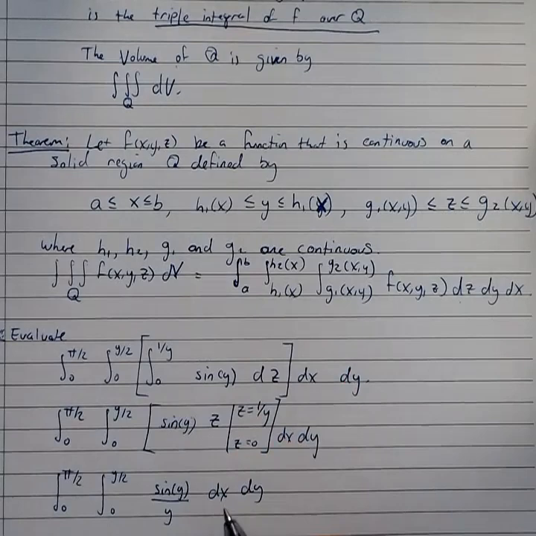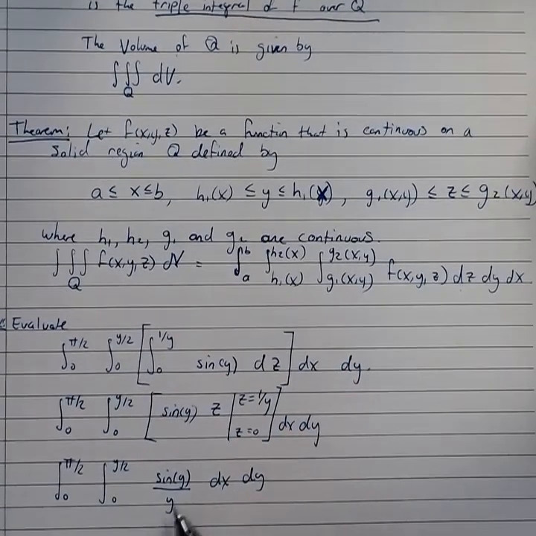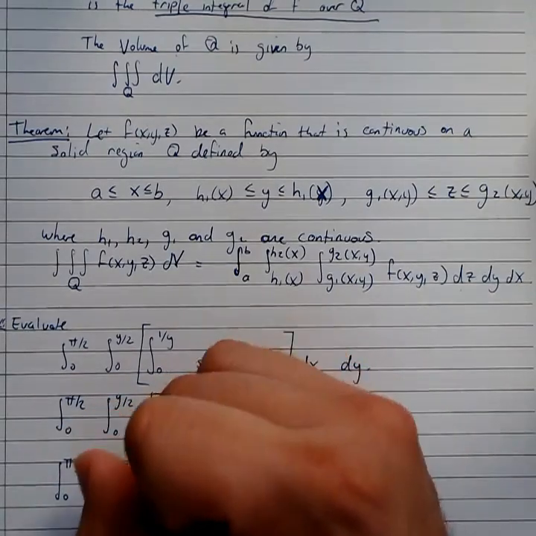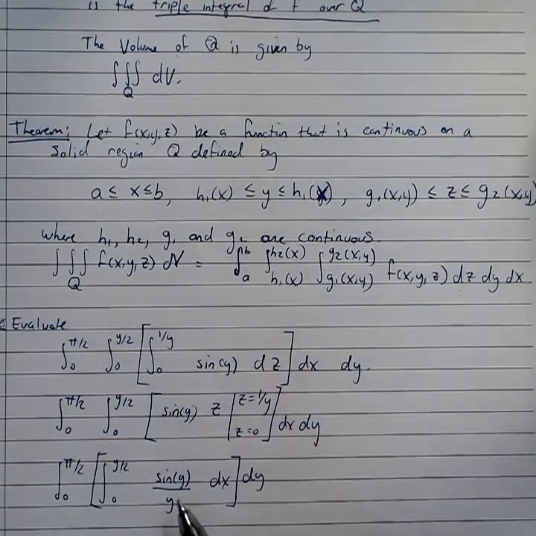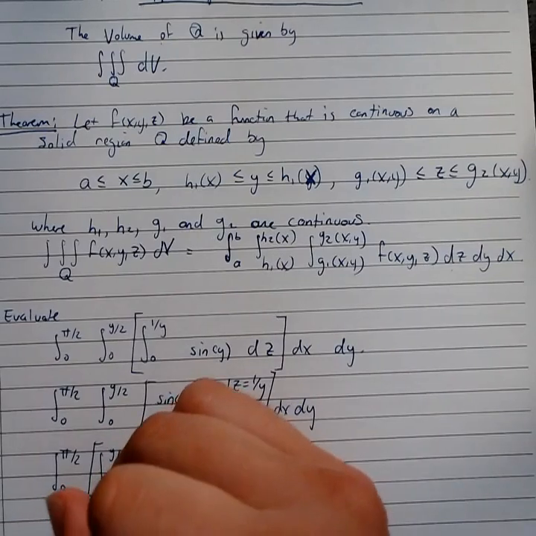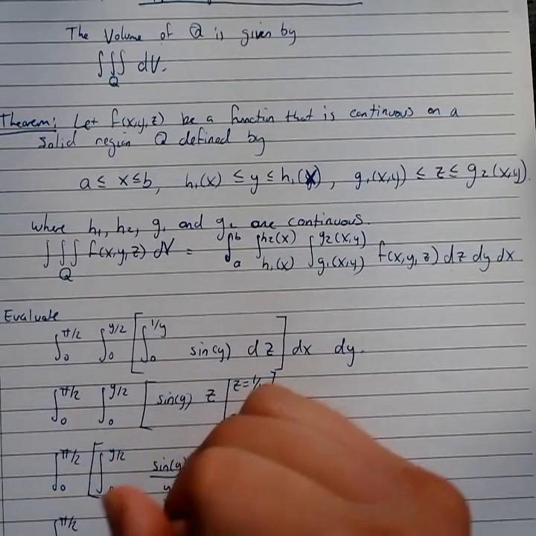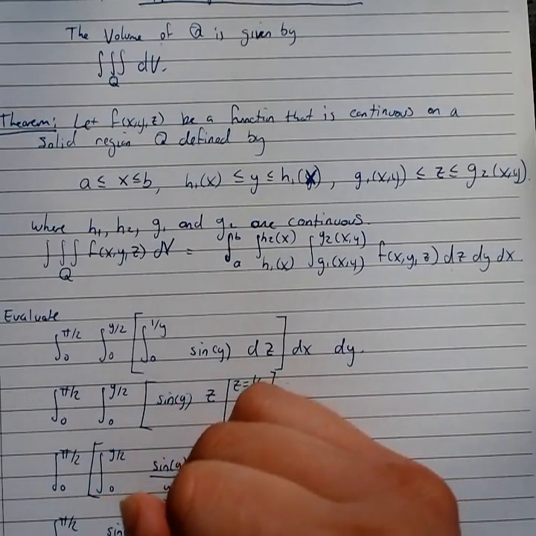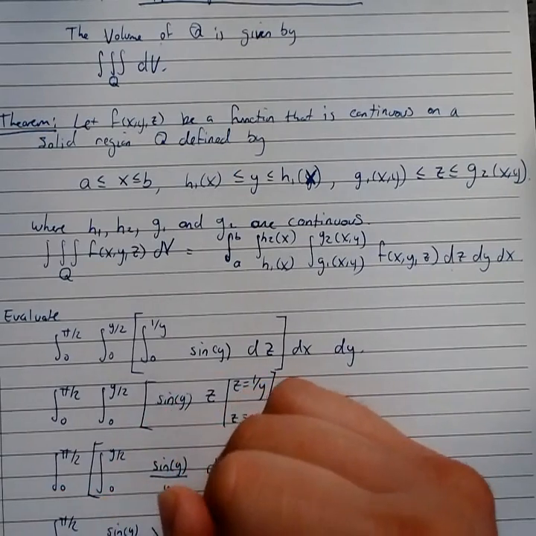The next integral is also reasonably simple because, again, this is a constant with respect to this variable. There is no x here. So to take this integral, I'm simply going to take this constant times x. So that'll be the integral from 0 to pi over 2 of sine of y over y times x.